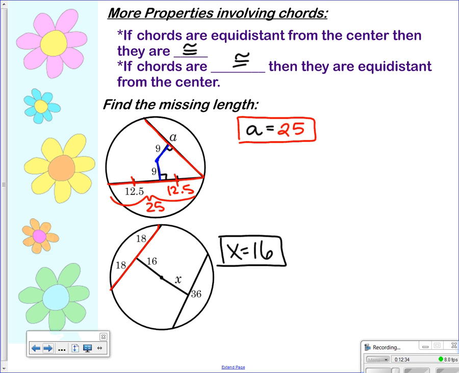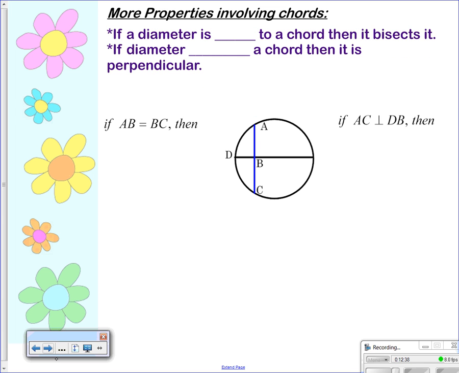Okay, questions so far? All right, so we've got 2 more properties to look at, and we'll do a few more examples. These properties are talking about diameters inside of our circle. So the first one says if a diameter is perpendicular to a chord, then it bisects it.